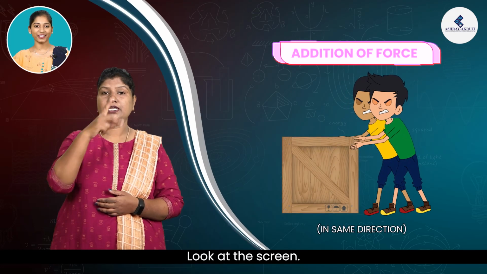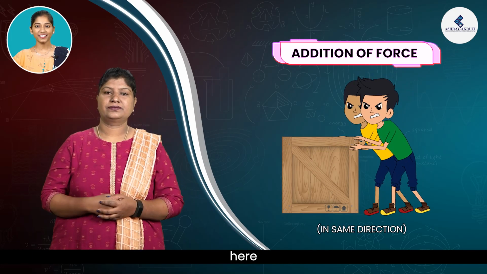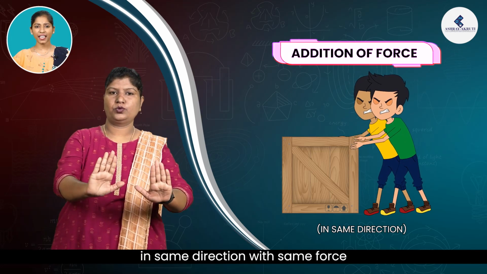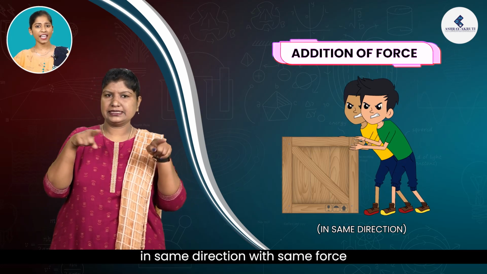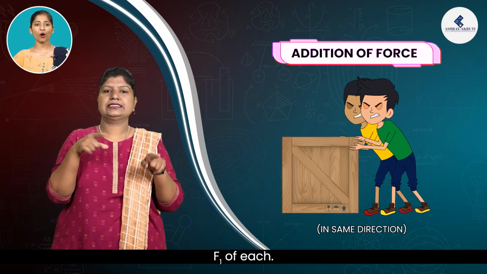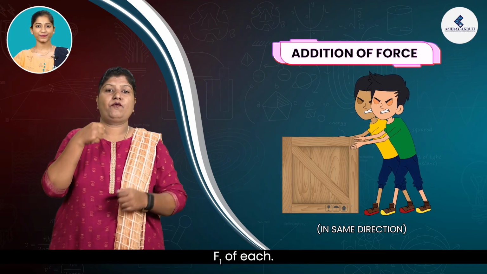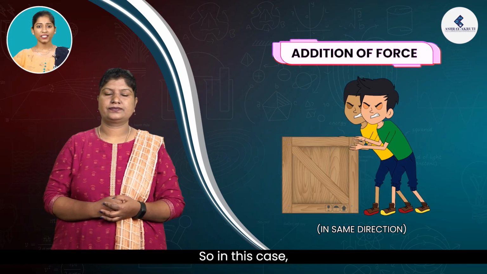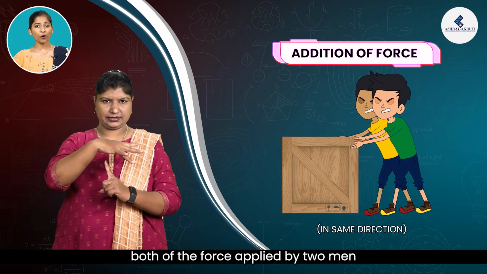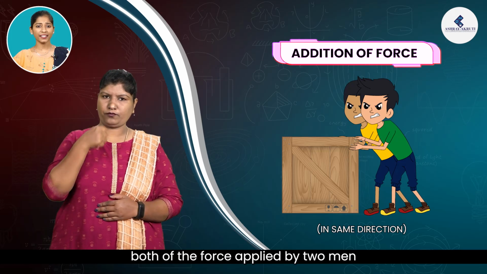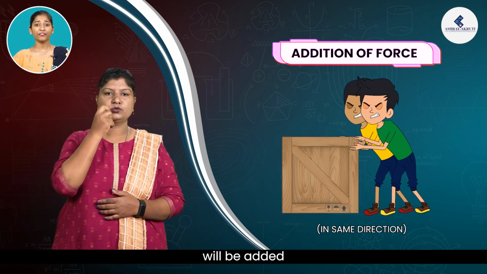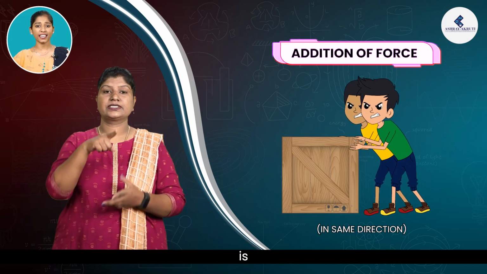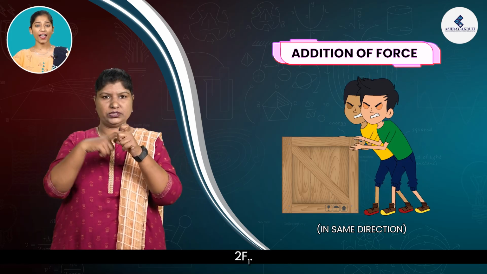Look at the screen. Here, two men are pushing a table in same direction with same force F1 of each. So, in this case, both of the force applied by two men will be added and net force is 2F1.